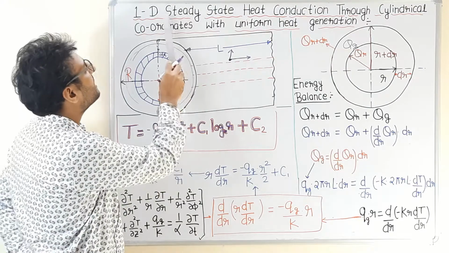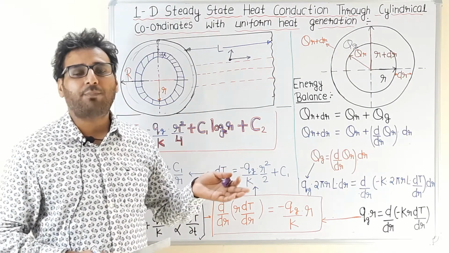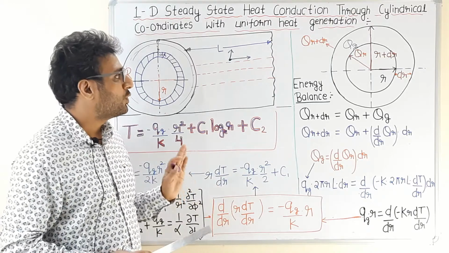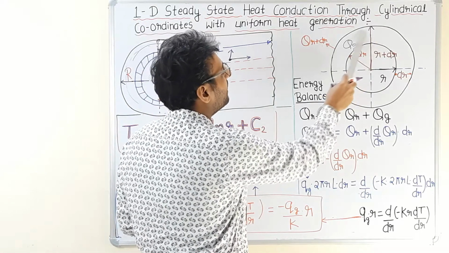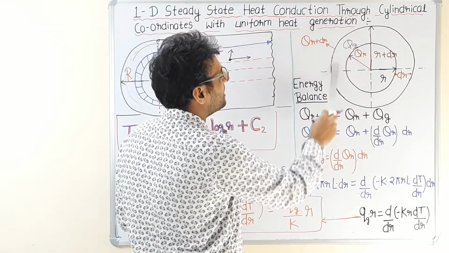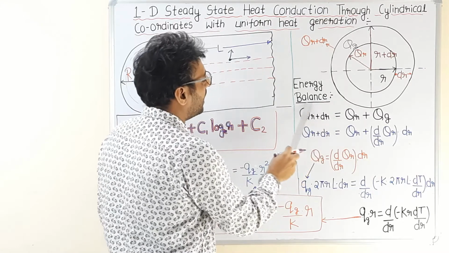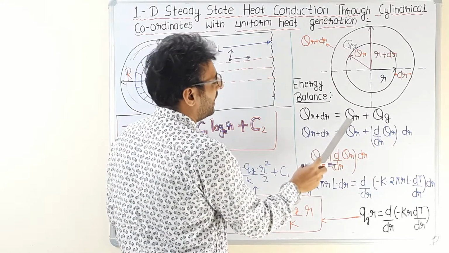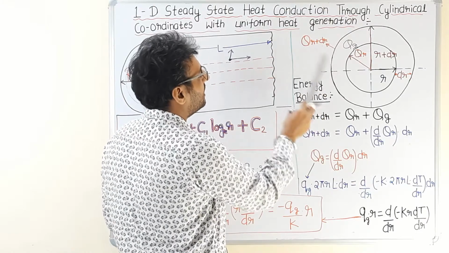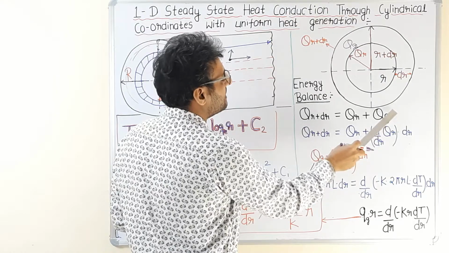Now second one, what is steady state? Steady state means temperature at any point is not varying with time. So for this, no heat should be absorbed by the material. According to steady state, the heat conducted out by this element should be the summation of heat conducted into this element plus total heat generated by this element.